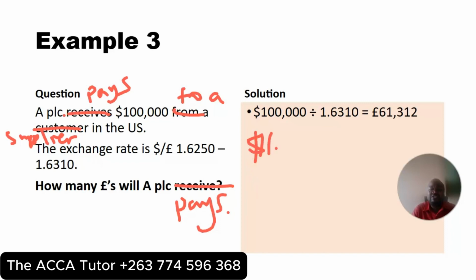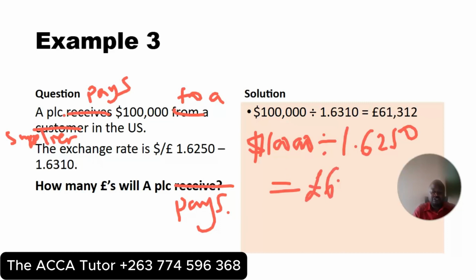So we're going to say 100,000 divided by 1.6250, and this is going to ensure that we pay as many pounds as possible. So that's 61,538. This is the amount we are going to pay.